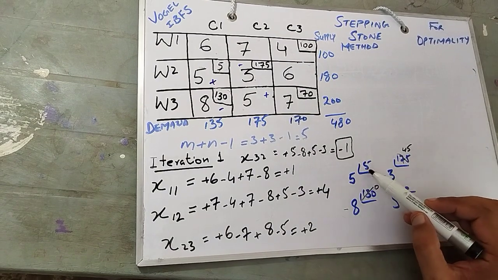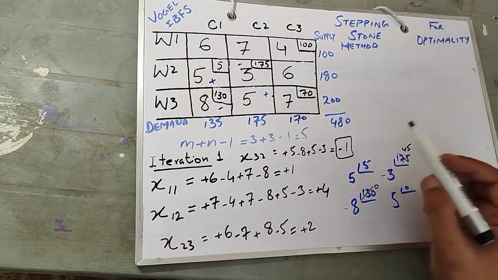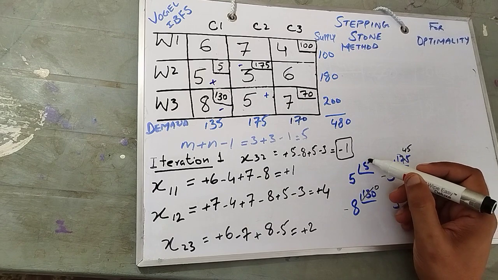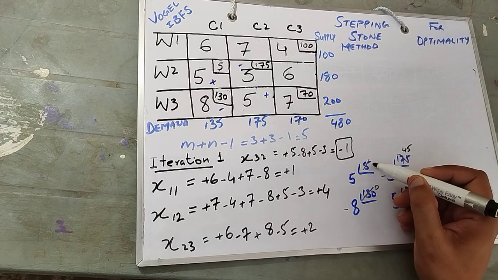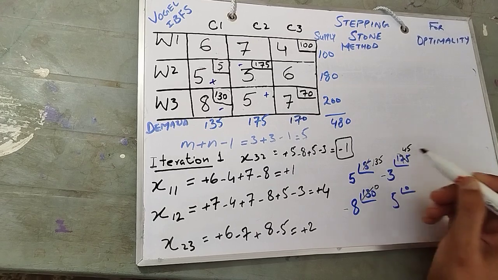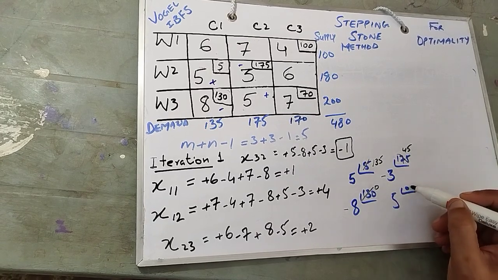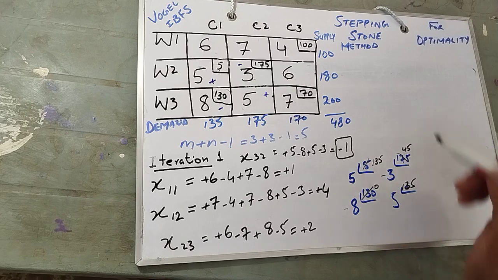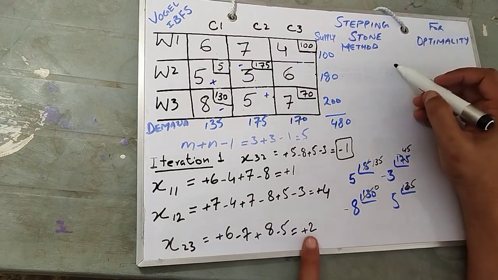And this allocation 5 has to be increased by the same number, 130. It was 0, it will be 135. Got it?